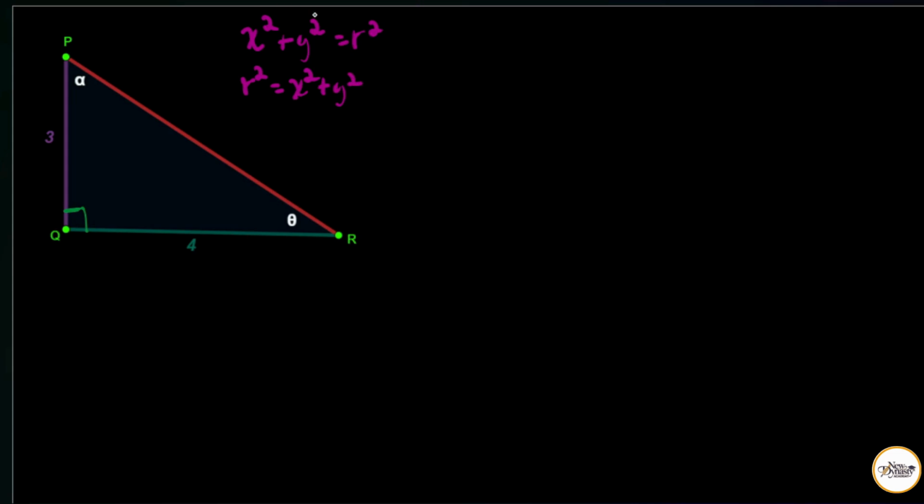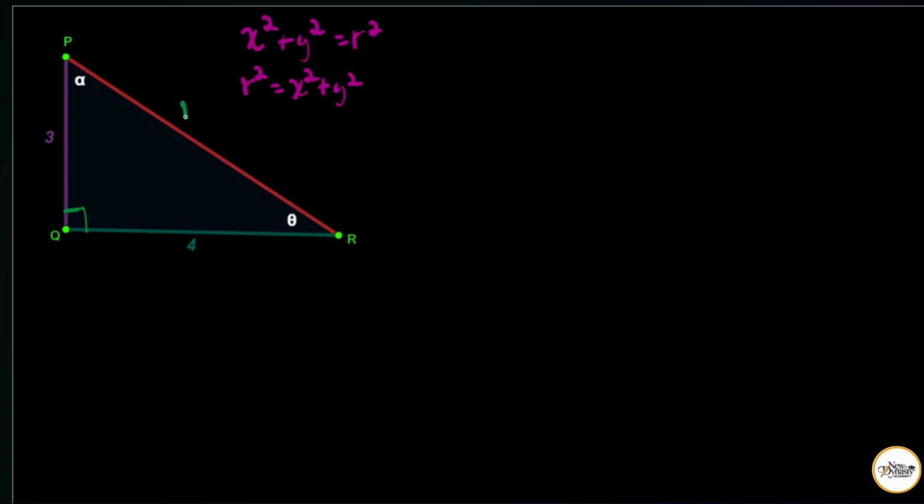Remember, we use x, y, and r, and these are taken from the Cartesian plane. But now we have a right angle triangle, and we can relate x, y, and r with the sides of the triangle.